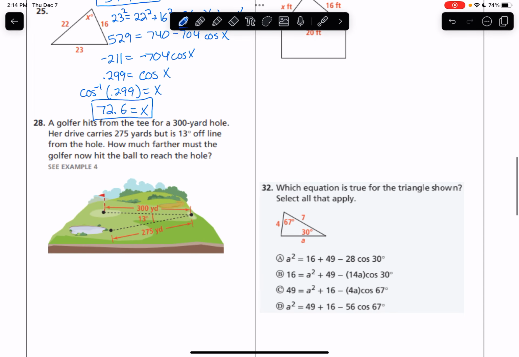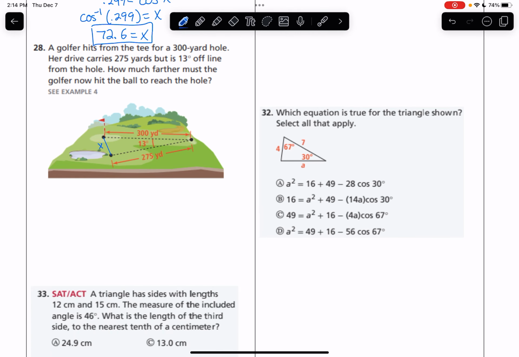Down here, a golfer hits from the tee for a 300-yard hole. Her drive carries 275 yards, but is 13 degrees offline from the hole. How much farther must the golfer now hit the ball to reach the hole? So we're just finding the distance x. We know the other two side lengths and the angle across, so we can use the law of cosines.